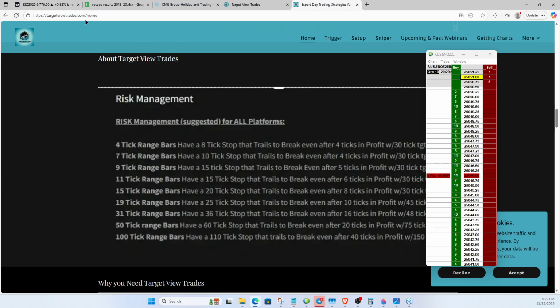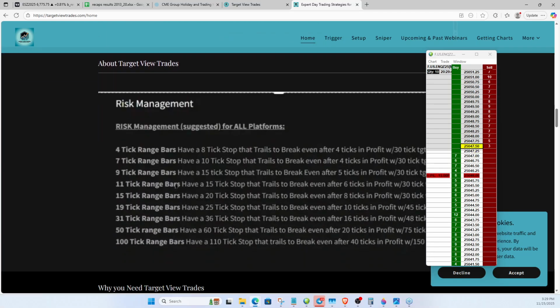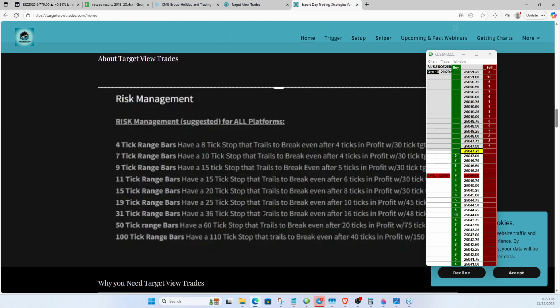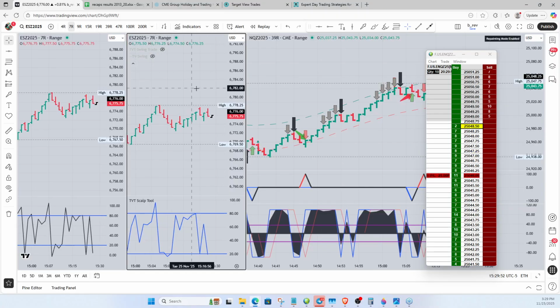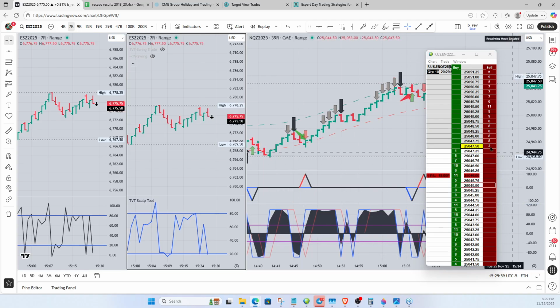If you go to targetviewtrades.com, it's all right here on the home page. I have videos for how to set up the Sierra DOM too. It's in that Telegram channel I gave the link to a little while ago. But you gotta have the Sierra DOM.